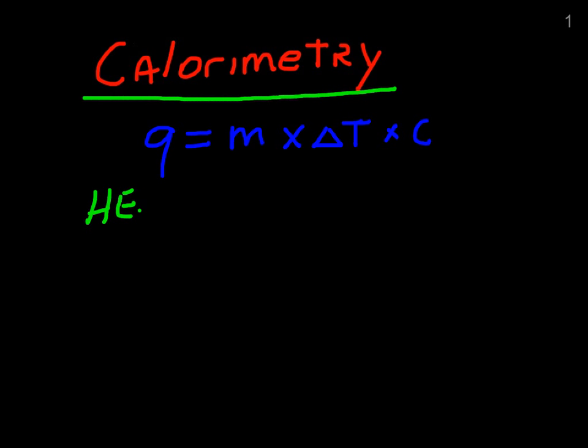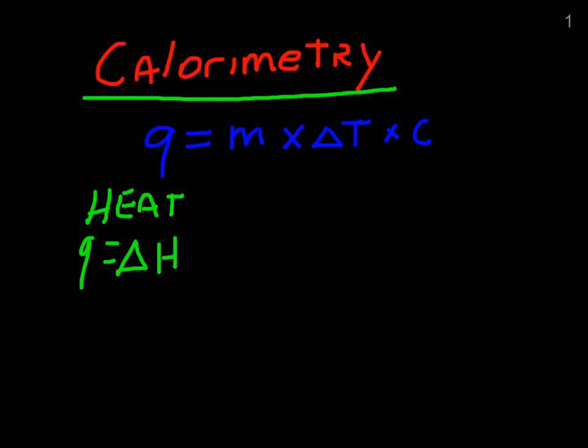And for reasons that I'm not really going to go into, the heat Q we are going to say equals delta H. Delta H is actually a little bigger deal. Enthalpy, it's a capital letter. There's all sorts of things going on that someday you'll learn, but for right now, think of delta H and Q as being pretty much the same thing.